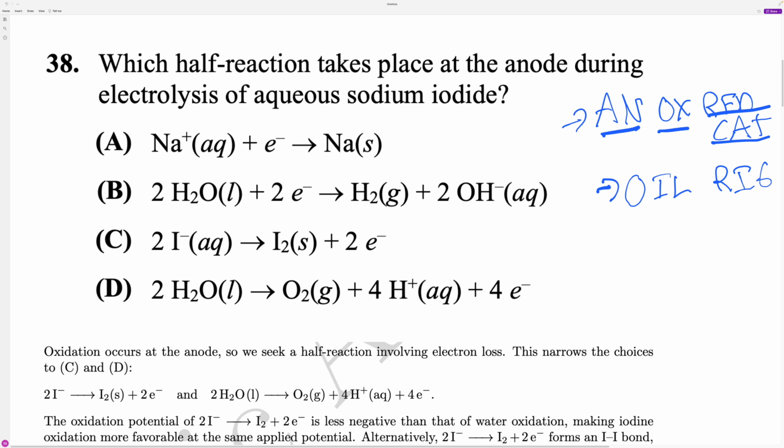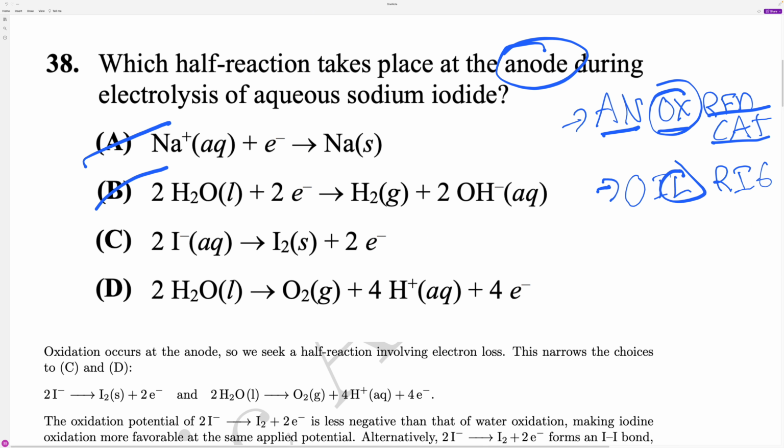Looking at the problem here, we have the half reaction at the anode, so using our acronym, that's going to be oxidation, which means a loss of electrons. So we can immediately cross out anything that doesn't involve a loss of electrons, namely A and B. So we've narrowed down our answer choices to C and D.